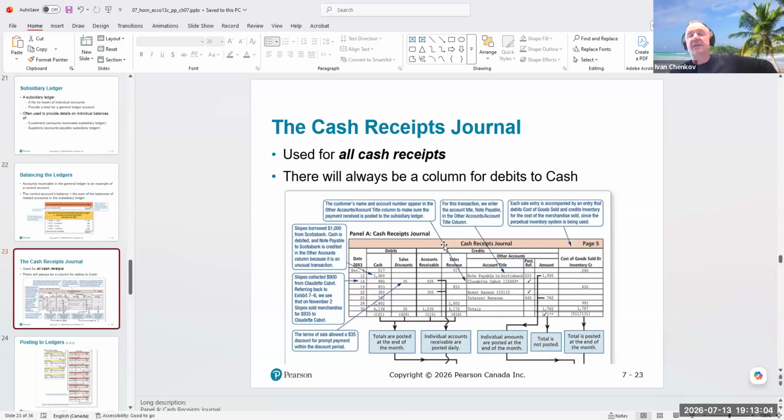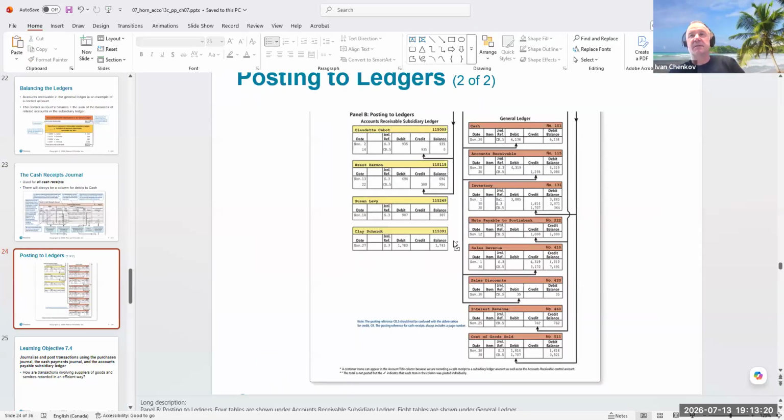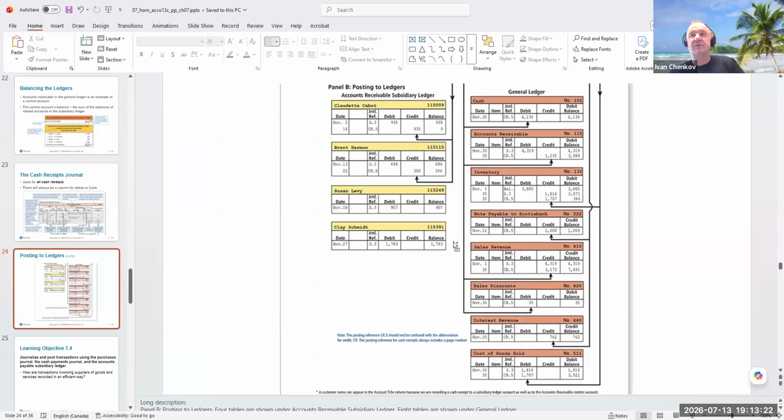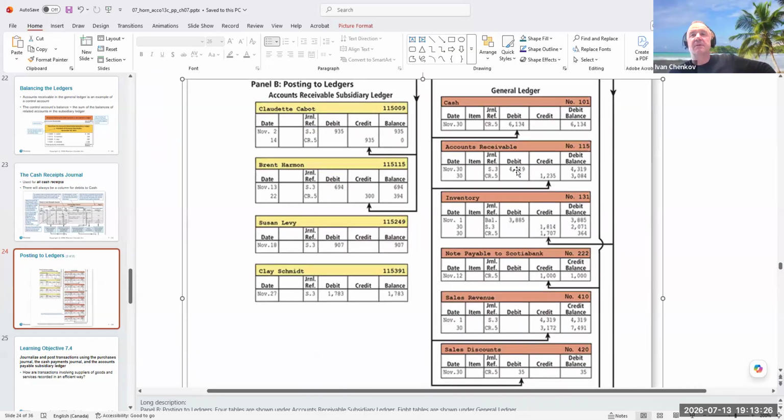Once we start receiving the cash, once the client starts paying, we're going to increase our cash, and at the same time, we're going to start reducing the accounts receivable. And the new accounts receivable, as you can see here, is going to start climbing slowly. Why? Because it's going to flow to the cash as a debit.